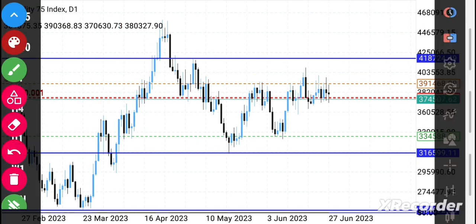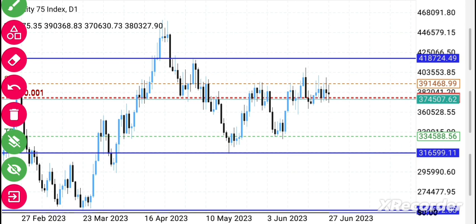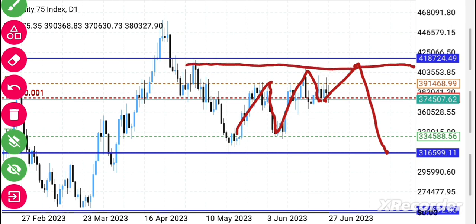As we go down, we can see that the market is still making high highs, high lows, high highs, high lows. We are still waiting for the market to come back here before it drops. Are you getting the point? So this zone here is our sell zone.